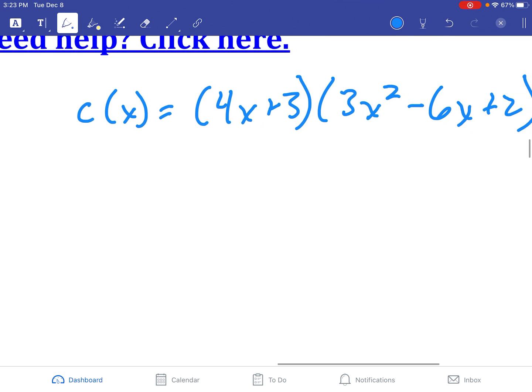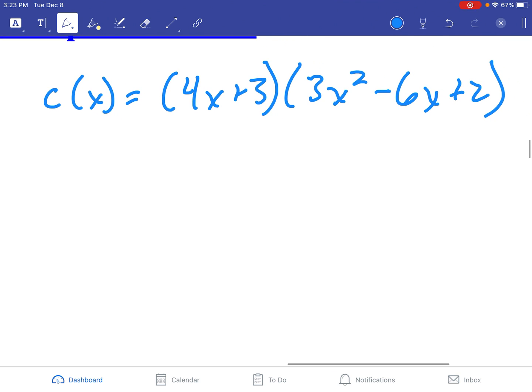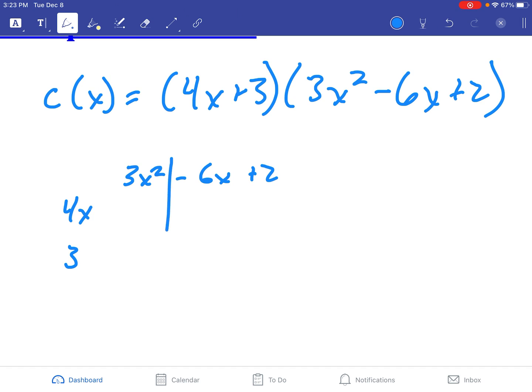Okay, we can again do the box method. I think it's just easier for a lot of students because it organizes your information as long as you write it down correctly. We're going to do 4x and 3. We're going to do 3x squared minus 6x plus 2.